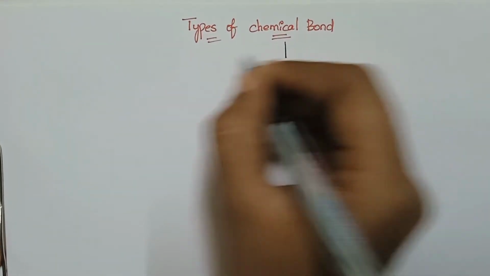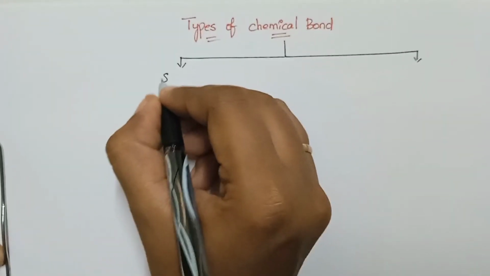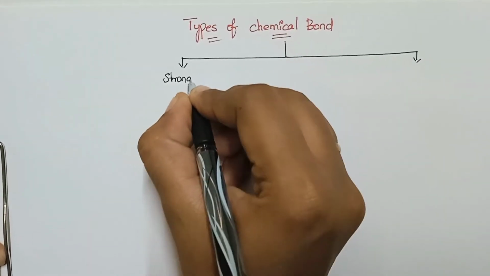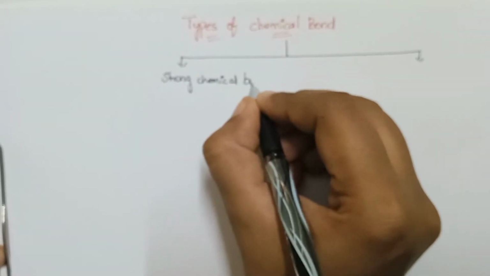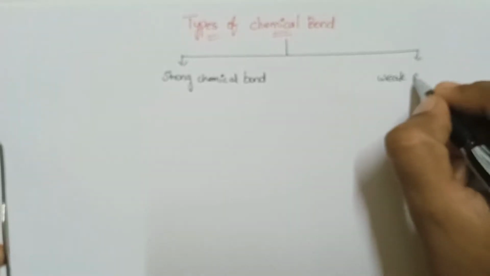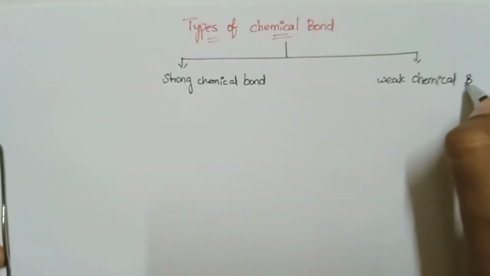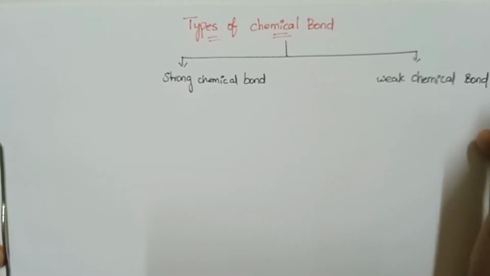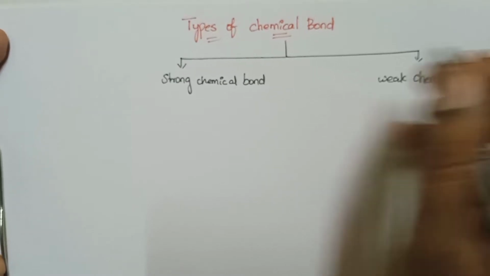The chemical bonds are of two types: strong chemical bond and weak chemical bond. And strong chemical bond is again classified into four types.